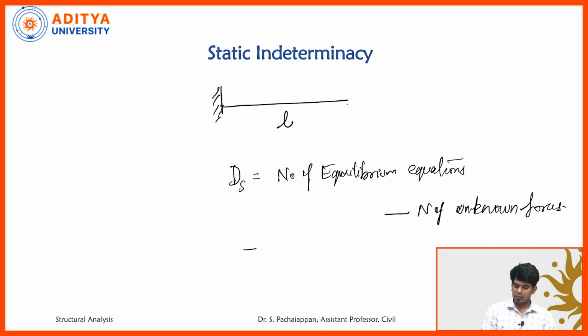Otherwise it may be the vice versa also. First we can put the number of unknown forces and then minus the number of available equilibrium equations.